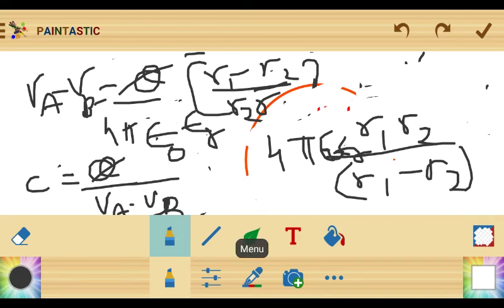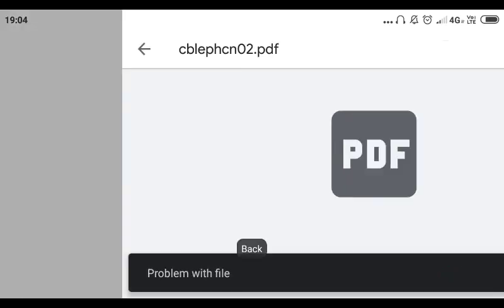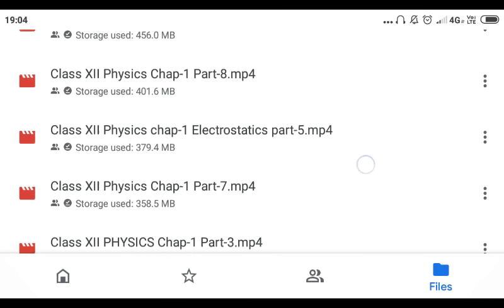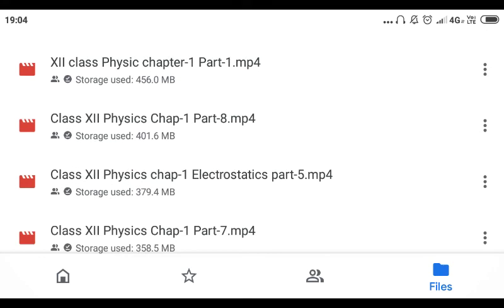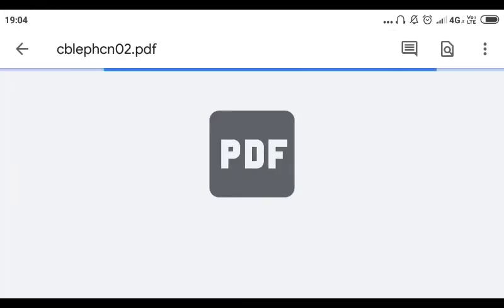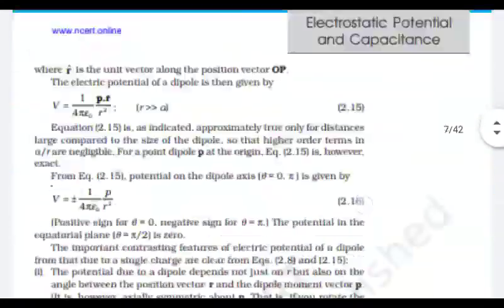So remember one major common thing. Again, you have to go back and start chapter 2. We'll go to the bottom. What was our problem?